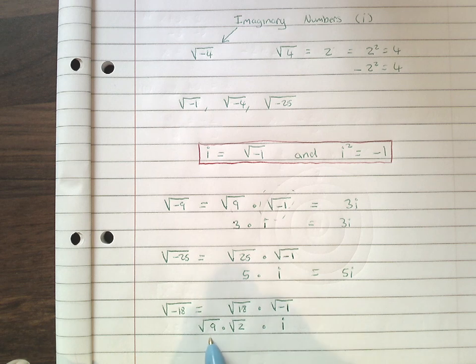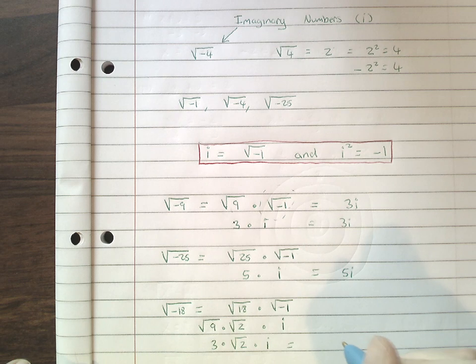And then we can break this down even further. So we can say that the square root of 9 is just 3. So 3 by 3 gives us 9. So 3 multiplied by the square root of 2 multiplied by i. So remember, these dots here mean multiplied by. So what does that become?